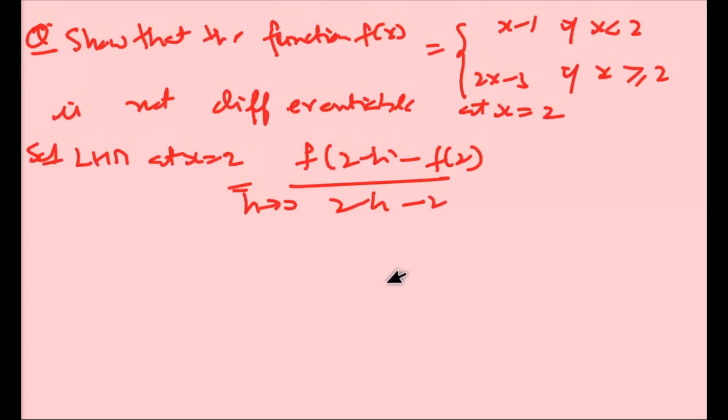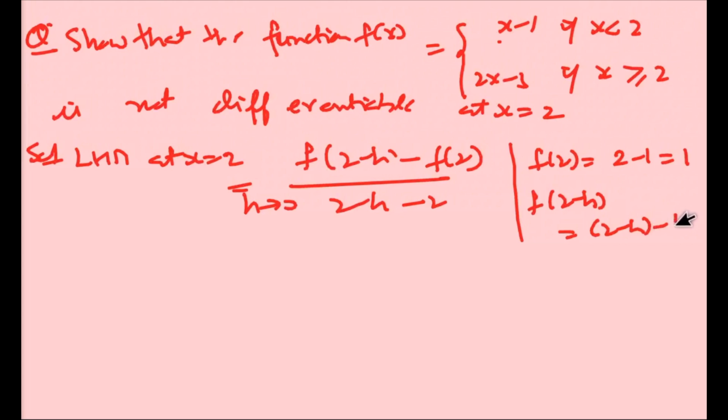Now for f(2 minus h), 2 minus h is less than 2, so we take this function, x minus 1. So we can solve here. First f(2) is 2 minus 1 equal to 1. Now f(2 minus h) is 2 minus h minus 1 equal to 1 minus h.